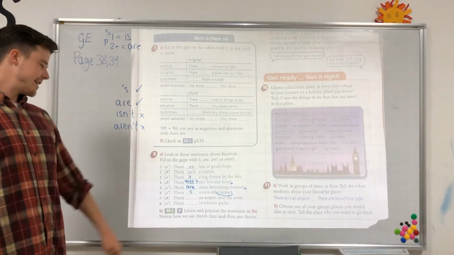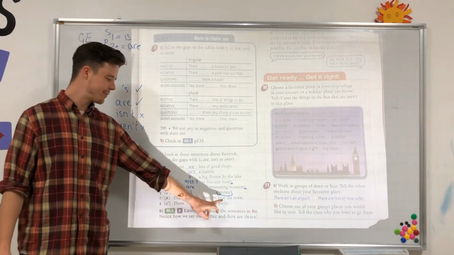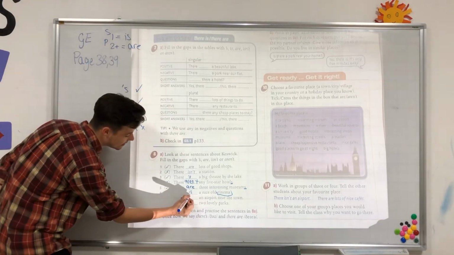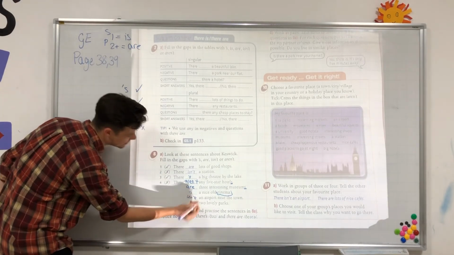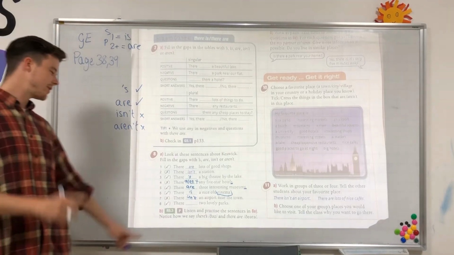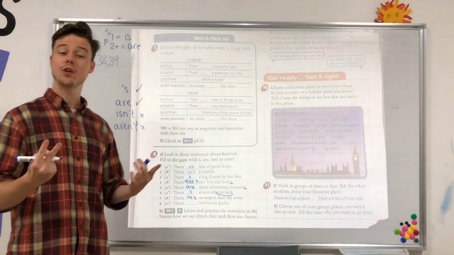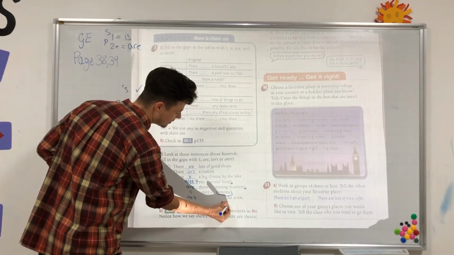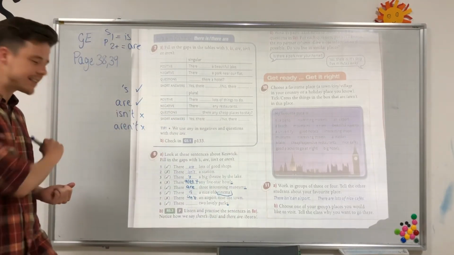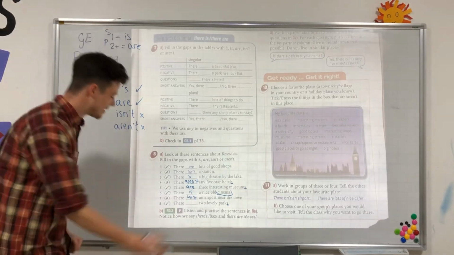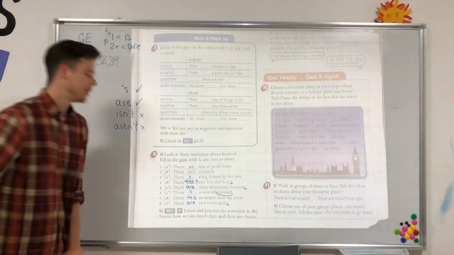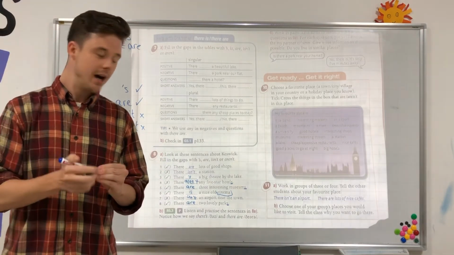Number 7 is negative. We have an airport near the town. It's a negative singular, we know is isn't. And last one, a positive. We have 2 lovely parks. And parks, as we can hear by the S at the end, is plural. So there are 2 lovely parks.